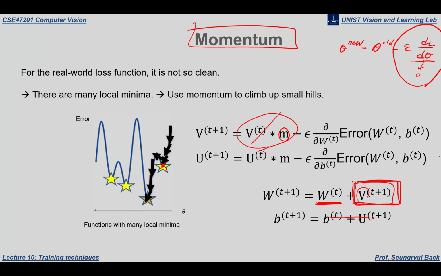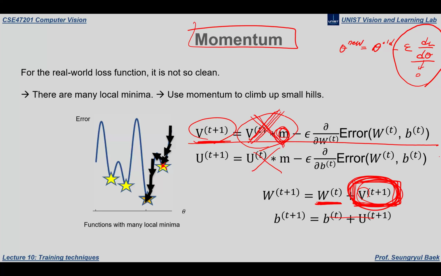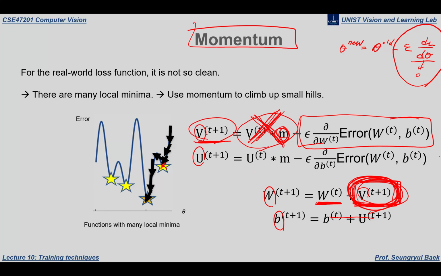Previously, there was no this term in v_t. Previously, you can think this part was not there, then only the gradient part is added here, right? And v and u and w and b, these denote the different parameters, but you can think of all of this as θ, okay?